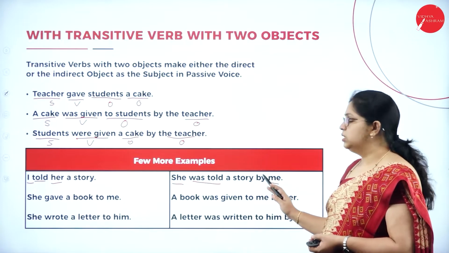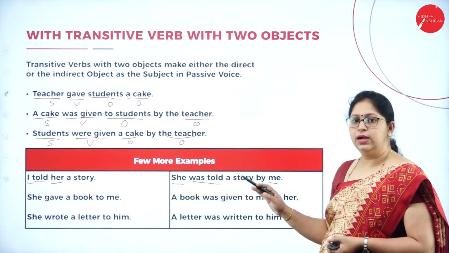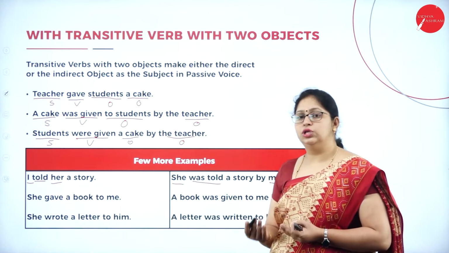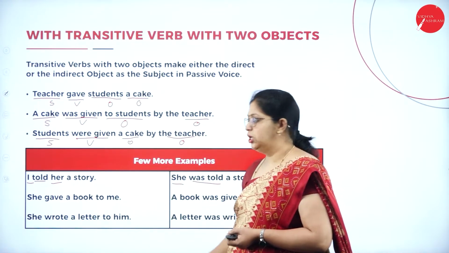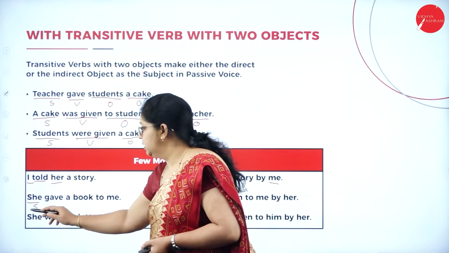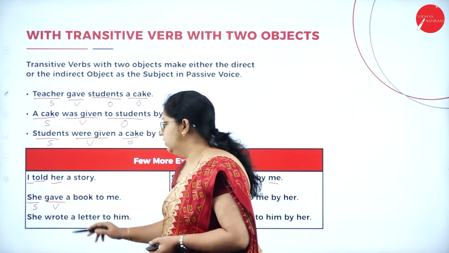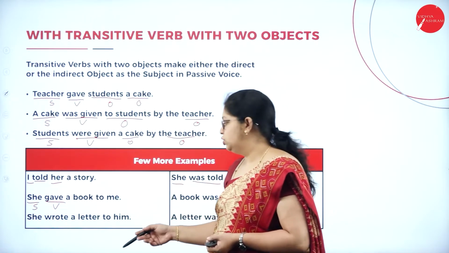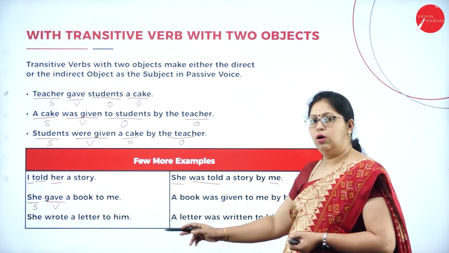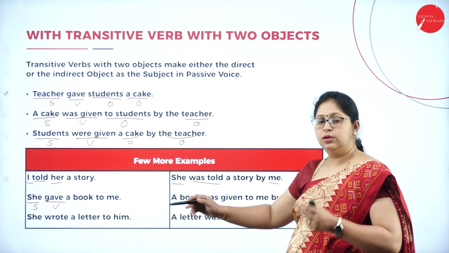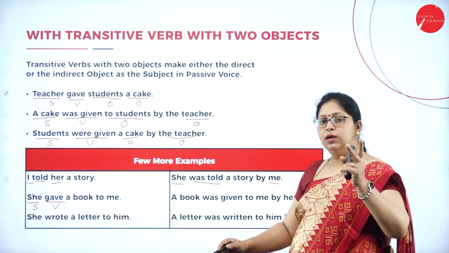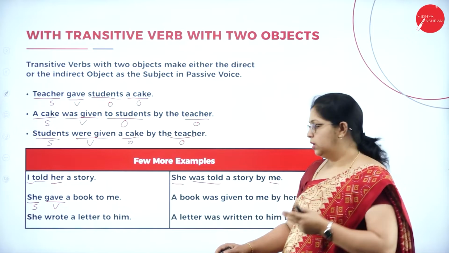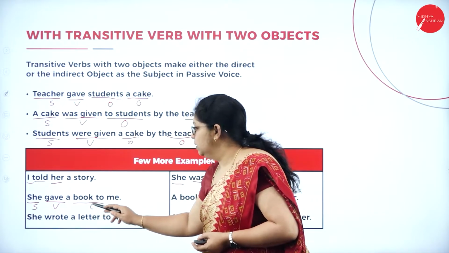Okay, so this is what you need to do for active and passive voice when you are asked to change the voice. She gave a book to me. She is the subject, gave is the verb, and a book to me. Here a book or to me. Here two objects are there. You can use either the direct or indirect object first. You can make that the subject. So let us see.